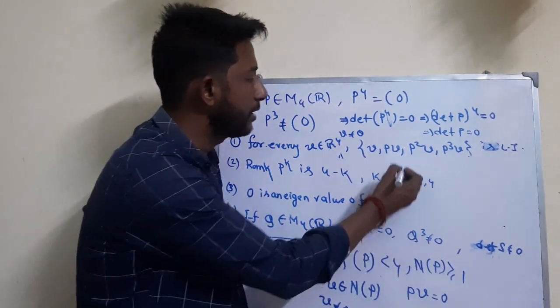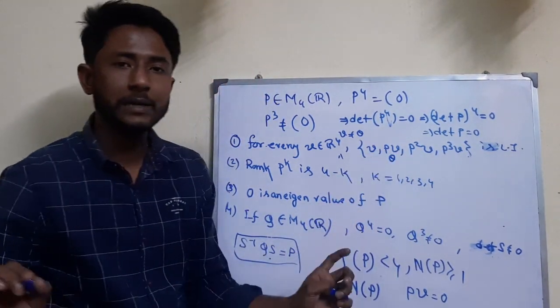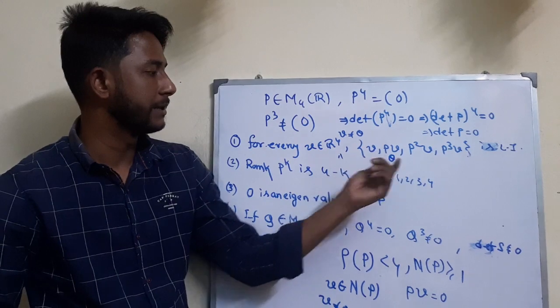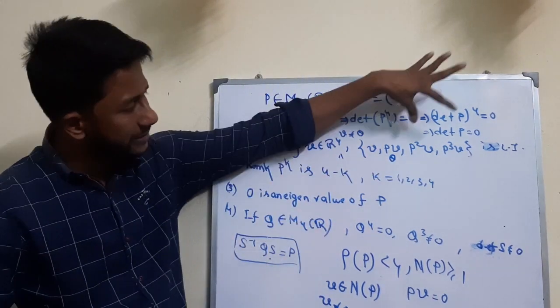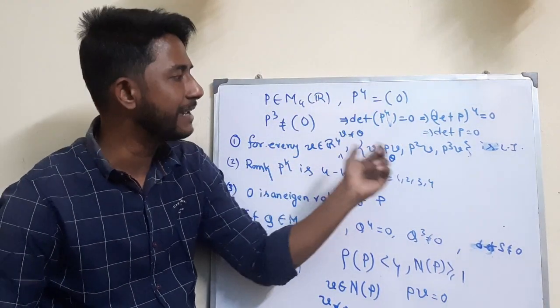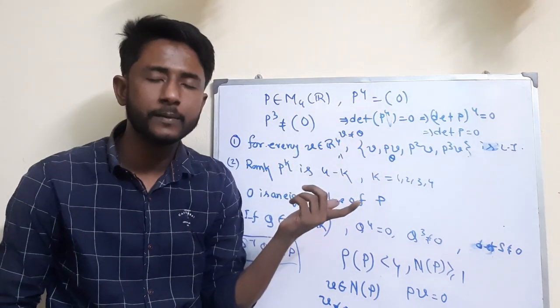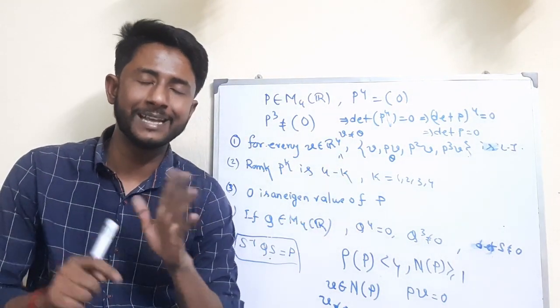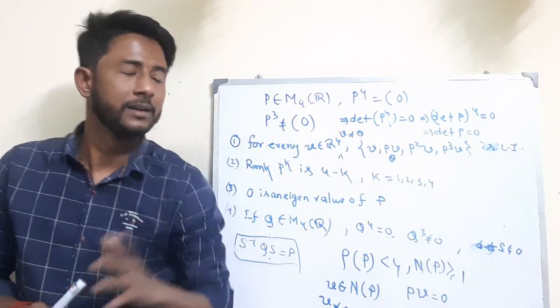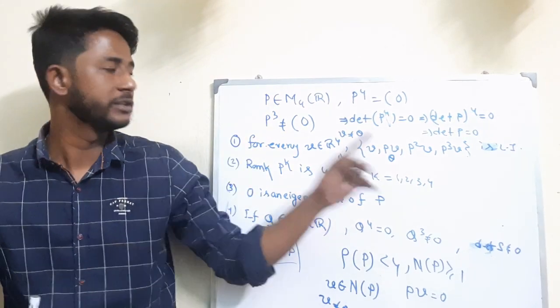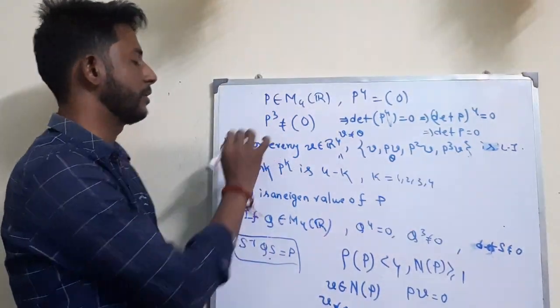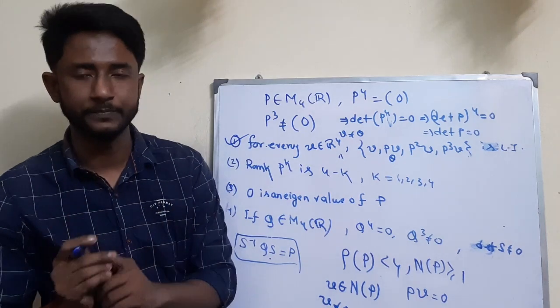So this vector becomes our theta, that is the null vector. Now if this set contains a null vector, can I say that this set is linearly independent? We know that any set containing a null vector is always linearly dependent. So this is our wrong option, and for this question, this is our required option.